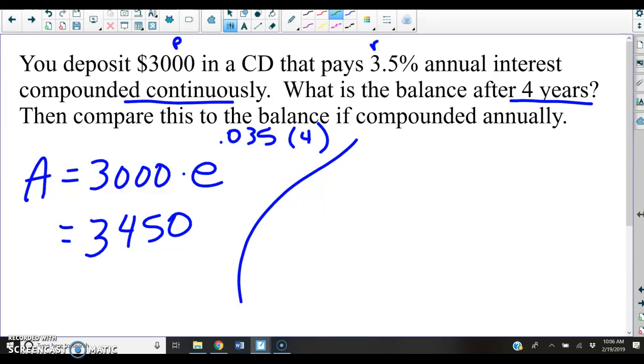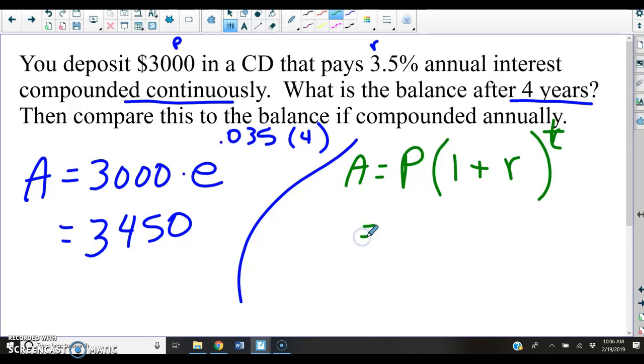Let's compare it to the amount if it's compounded annually. Do you know how that works? The amount is principal times 1 plus rate, raised to the n, or t, the number of years. You can look it up.